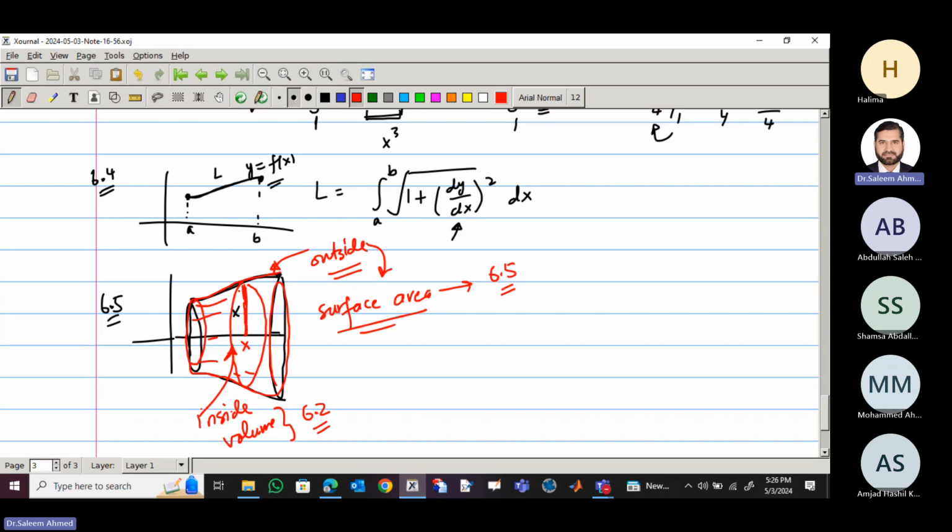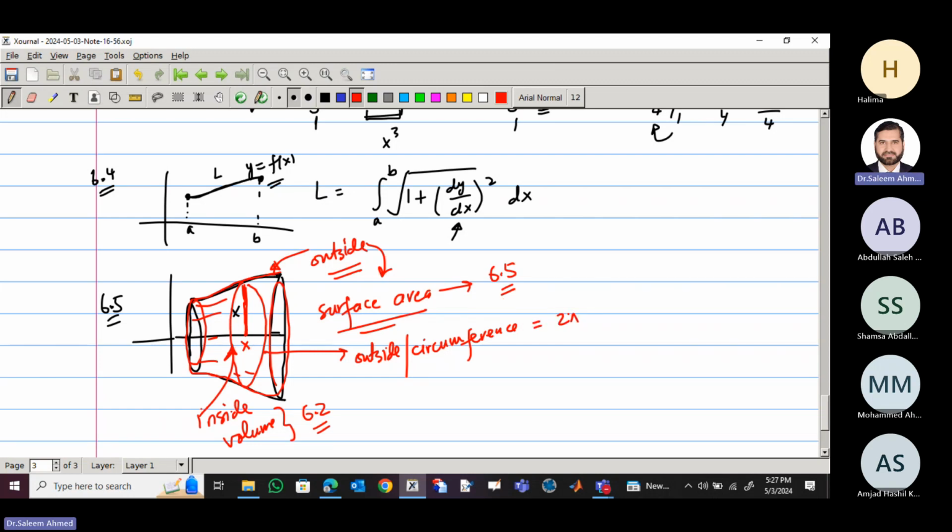But now I need only the outside thing, the outside of the circle, which is called the circumference of the circle, not the area of the circle. When you consider the area of the circle, it will give you the volume.